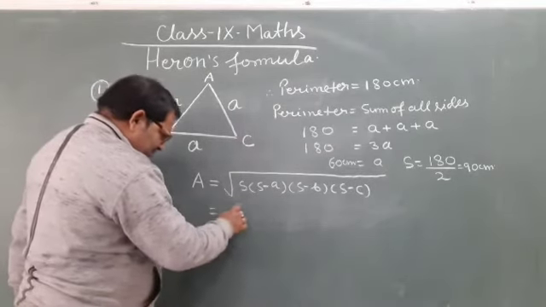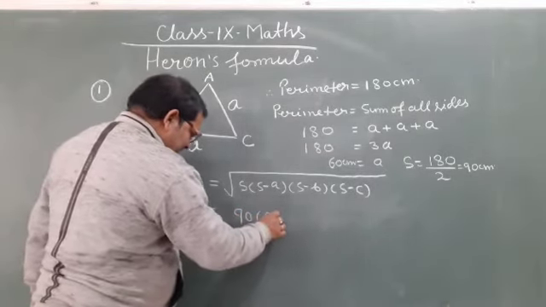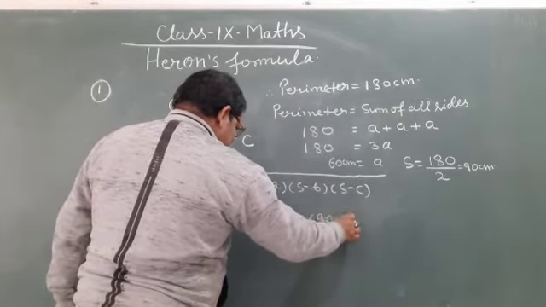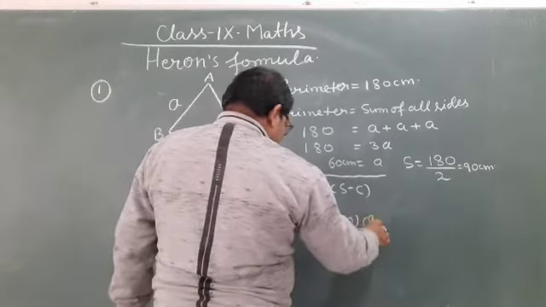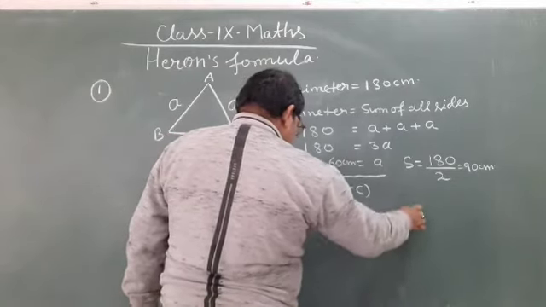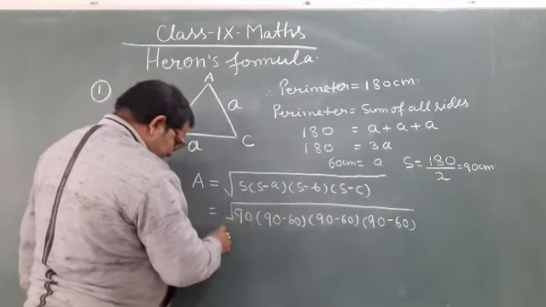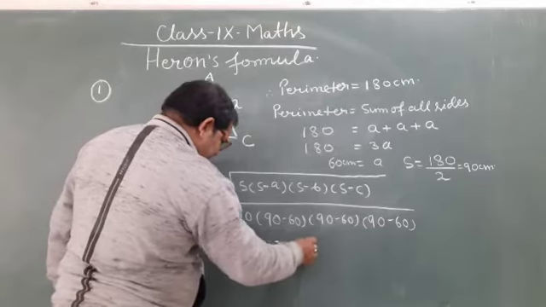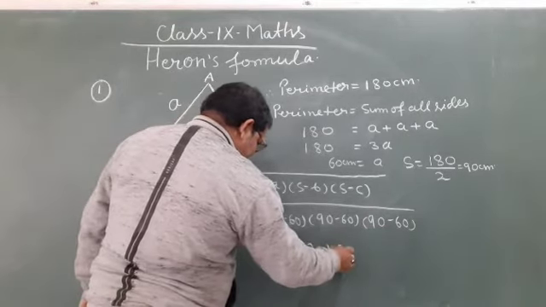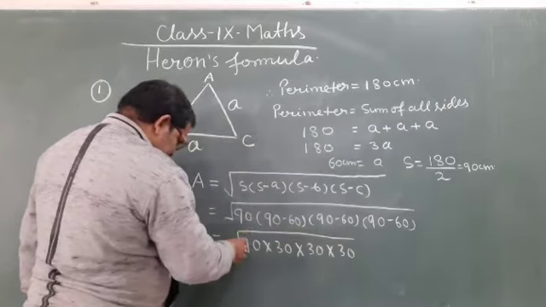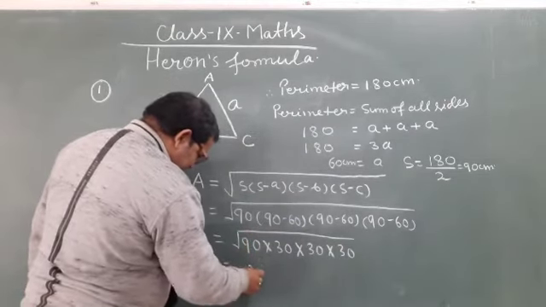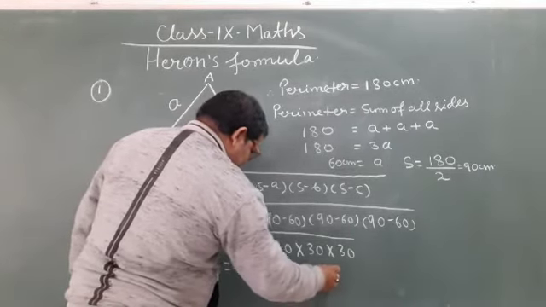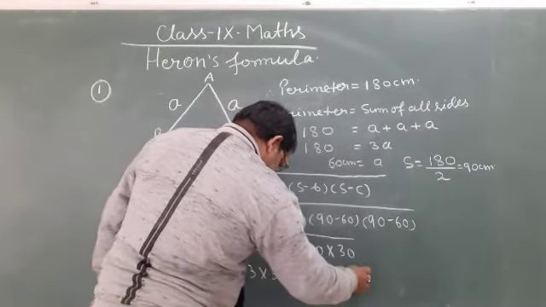So 90 minus 60, 90 minus 60, 90 minus 60, that's equal to 90 into 30 into 30 into 30. Therefore 3 into 30 into 30 into 30 into 30.